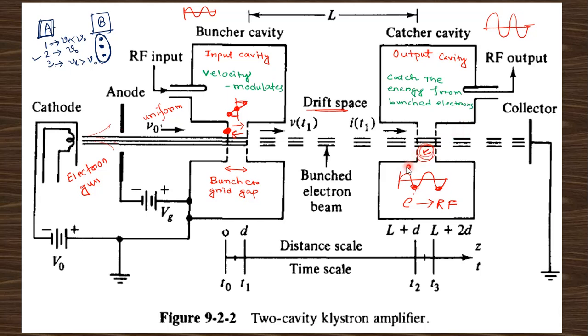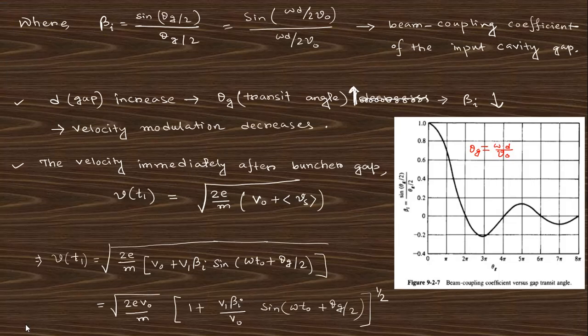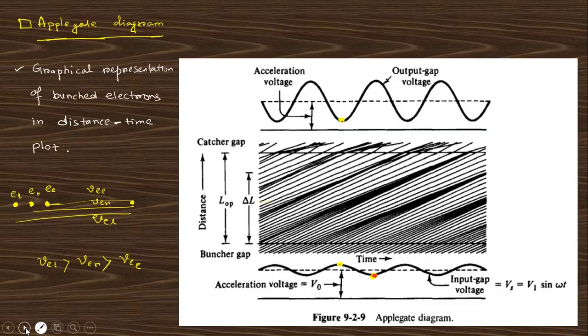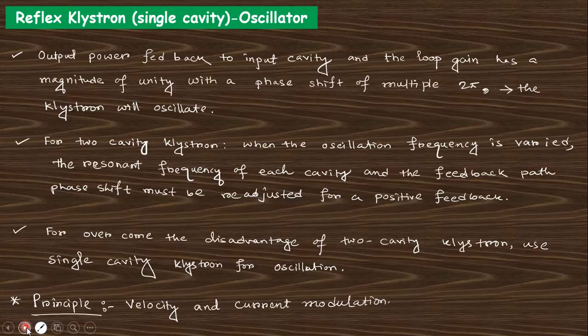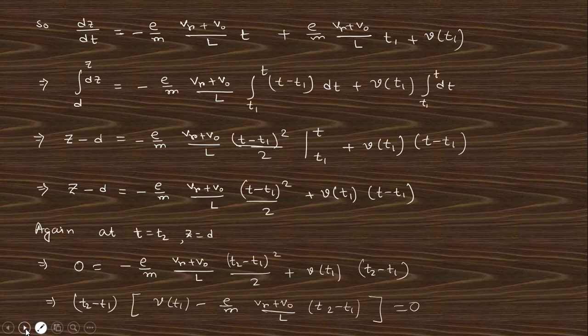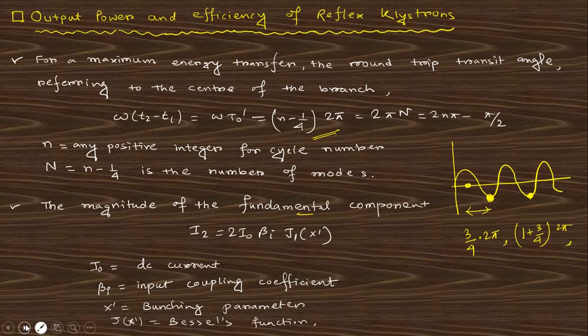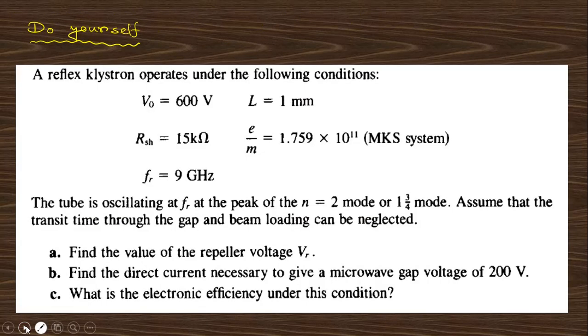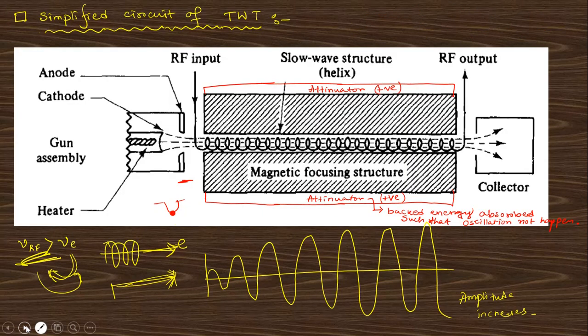I think you remember that the electron is processed to bunching, and after bunching they interact with the RF power here only. So in the case of the klystron, the electron interacts with RF power only at the catcher cavity, but in the case of the TWT, the electron interacts with the RF power throughout the tube.